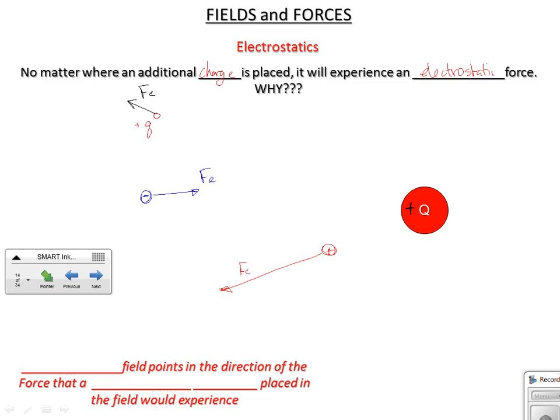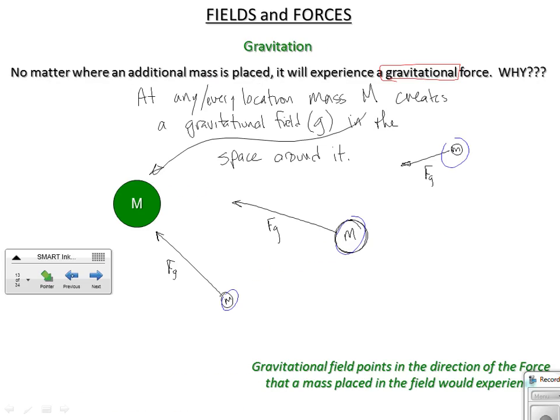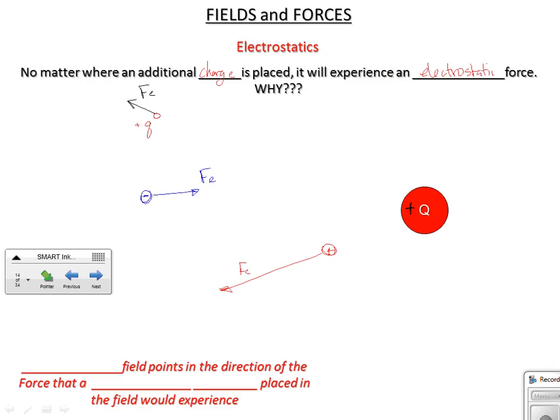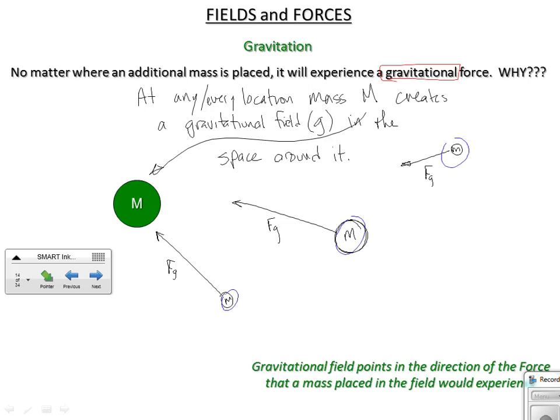Now, just like masses create gravitational fields, charges create electric fields. It's similar to the last page. We said at every location, mass m creates a gravitational field in the space around it.